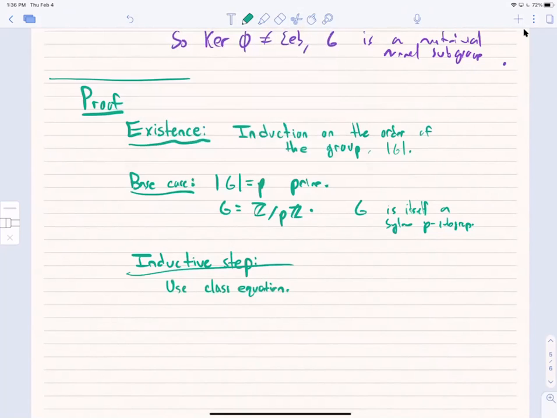So how are we going to use the class equation? Let me write the order of G as p to the a times k, just so I have that. I'm going to fix representatives g_1 through g_m for the non-central conjugacy classes.